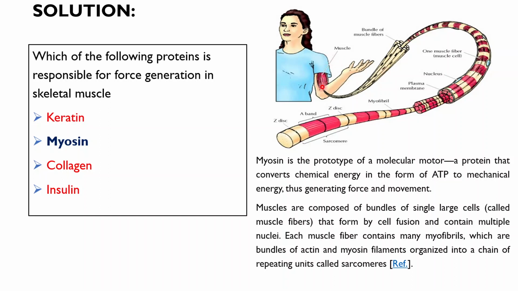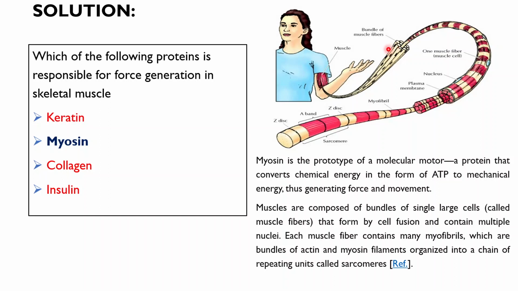So how are muscle cells formed? Several muscle cells will aggregate to give rise to muscle fibers. These muscle fibers have a multinucleated appearance because they are formed by the union of several muscle cells.